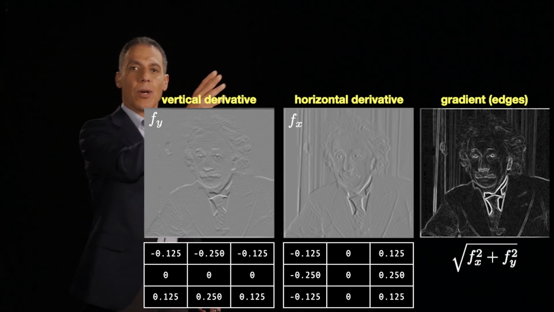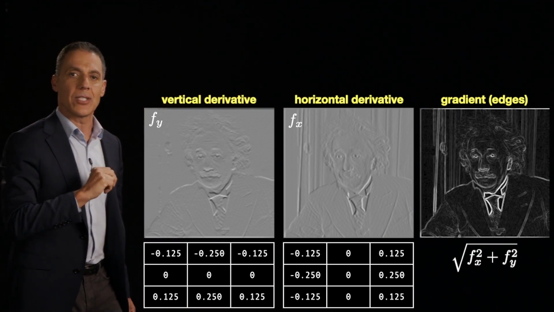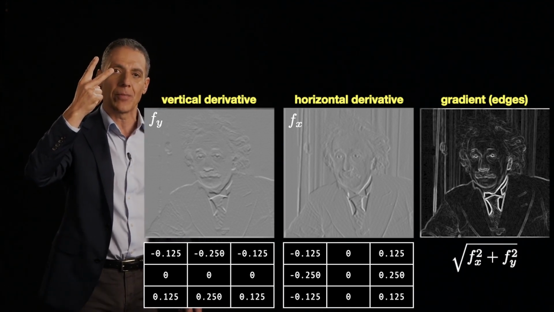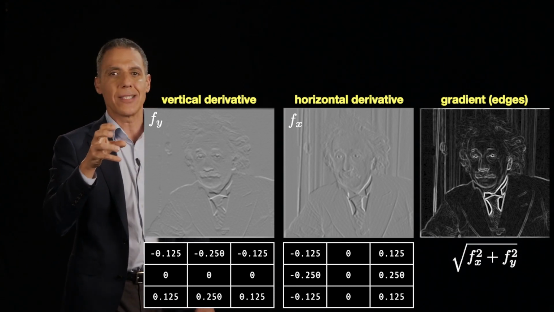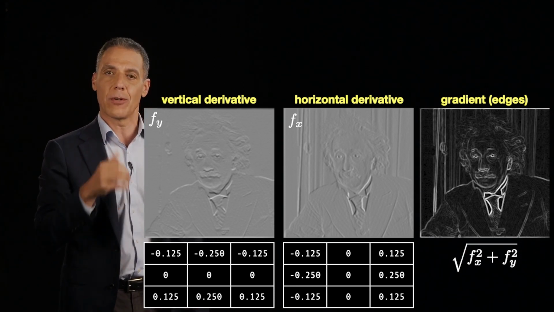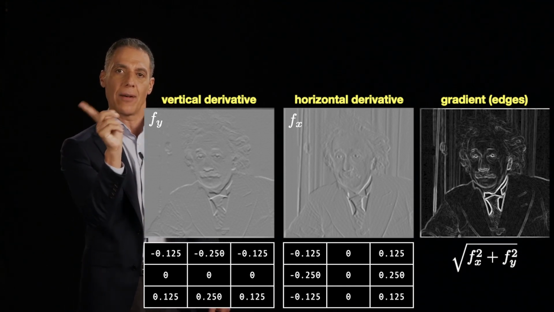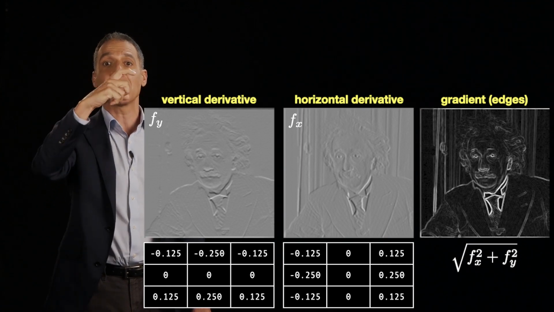So now I've got the rate of change in intensity in the vertical direction, and the rate of change of intensity in the horizontal direction, and now I have two values at every pixel, change in x, change in y. Dig back into your multivariate calculus, and remember, when you have a two-dimensional derivative, you can ask about the angle of maximal rate of change, and the magnitude of that.